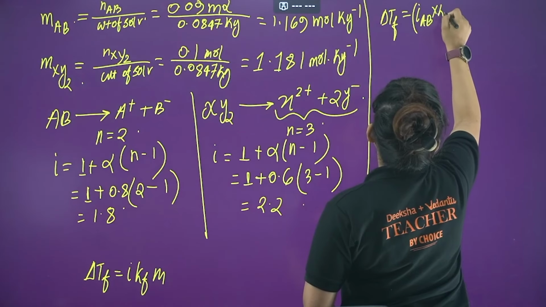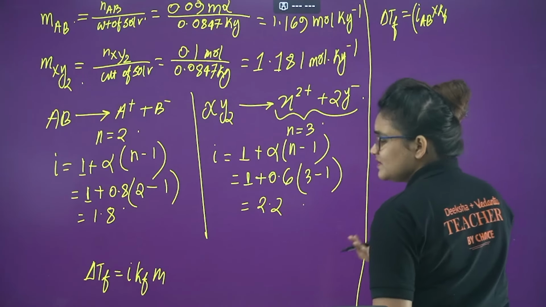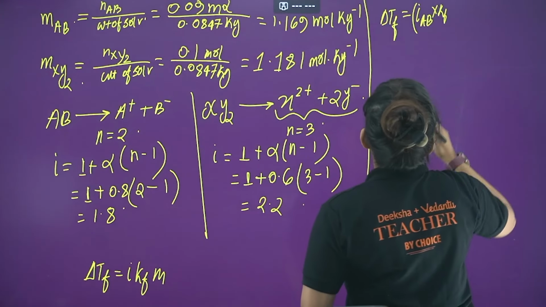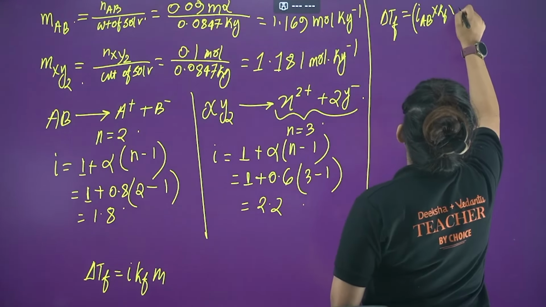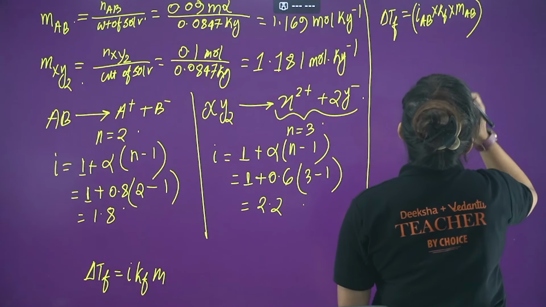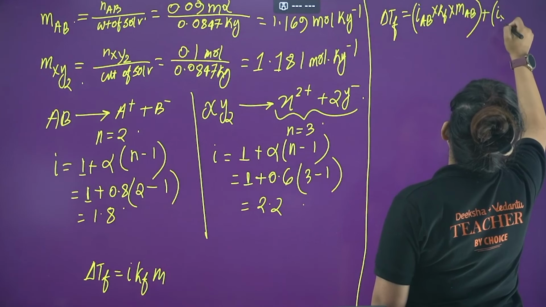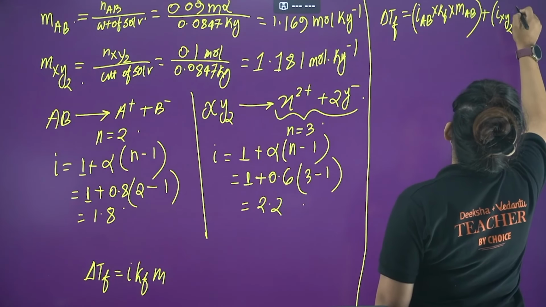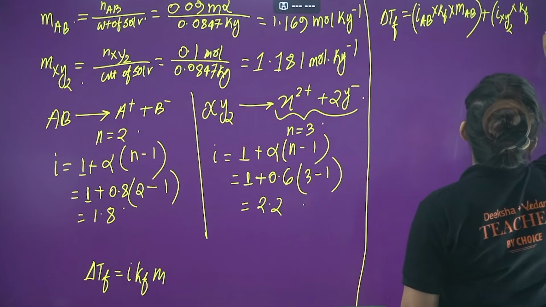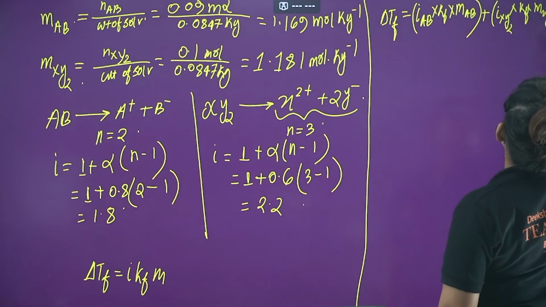into KF. KF is going to be the same because both are soluble in the same solvent, water, right? KF into molality of AB, plus i of XY2 into KF into m of XY2.